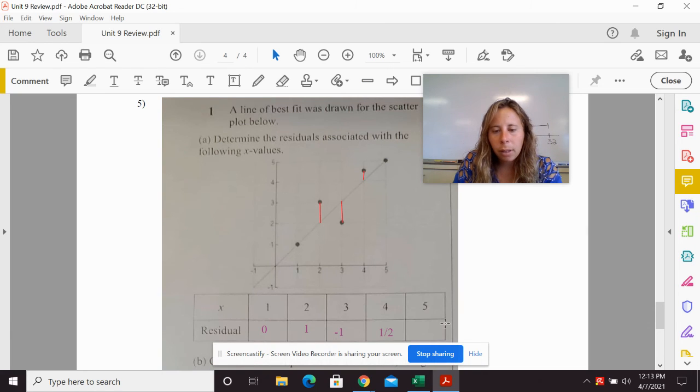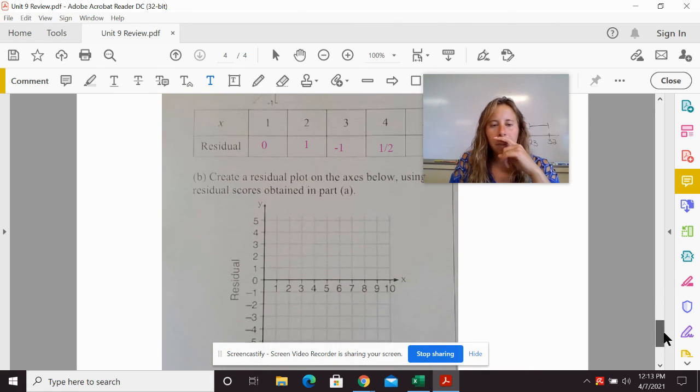And then your last one, when x is 5, the point is right on the line, so that means the residual is 0. Okay?